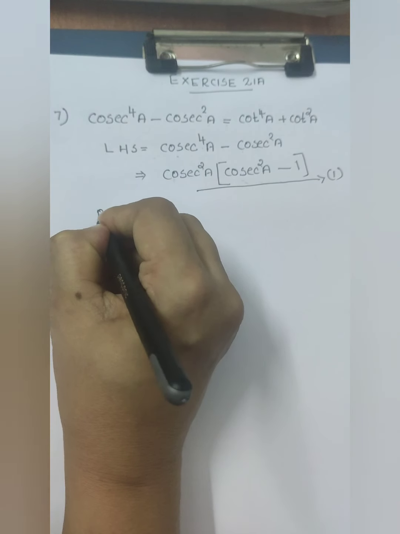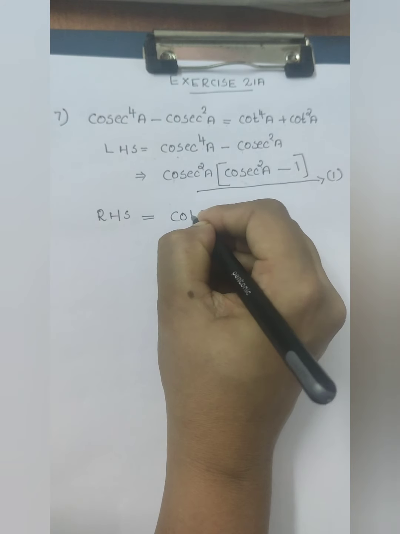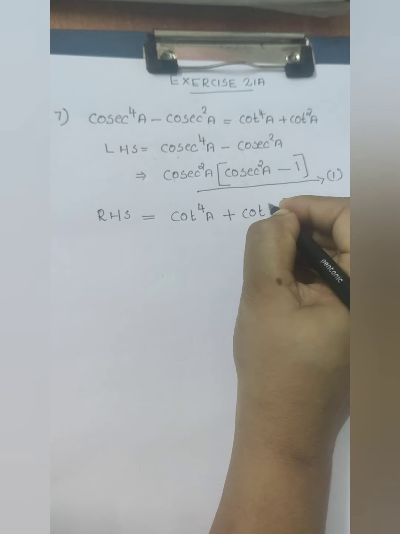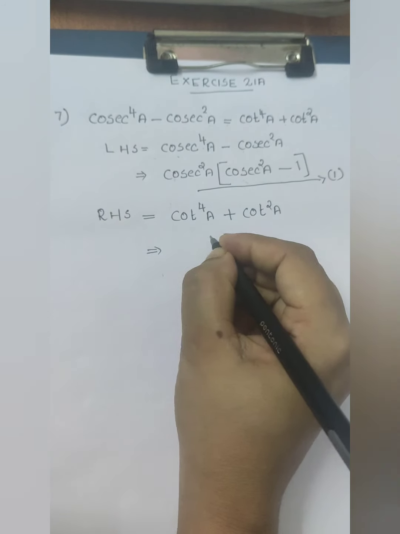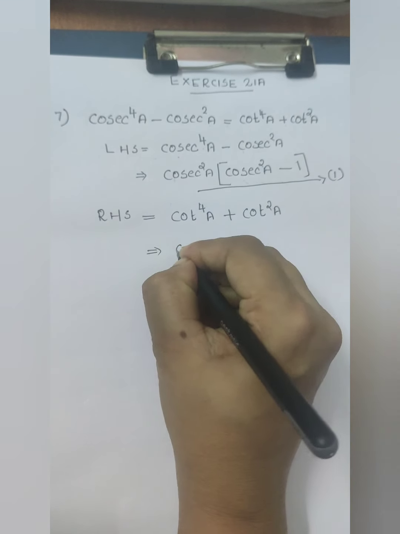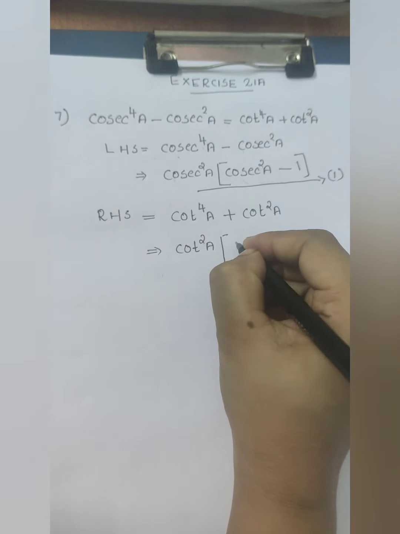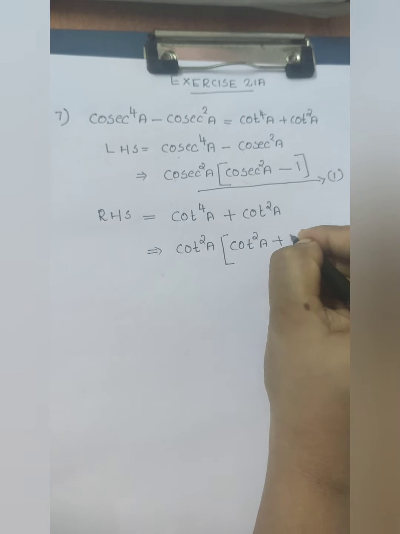Now let us take the RHS. We have RHS equal to cot raised to 4a plus cot square a. Here cot square a is a common factor, so take it outside. Cot square a into cot square a plus 1.